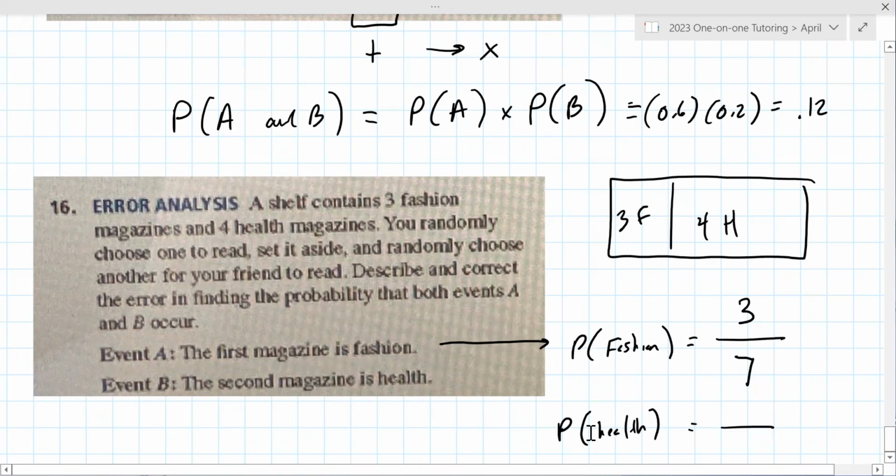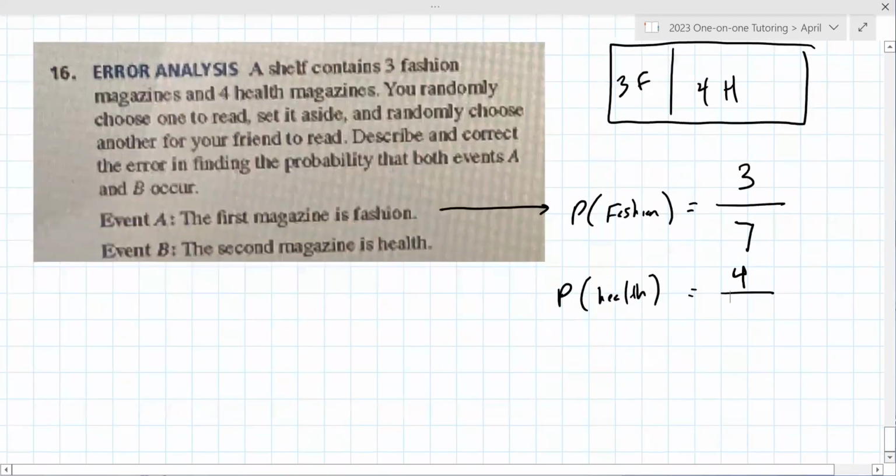The health magazine here, well, there's 4 health magazines, but in terms of the total, you took one off the shelf and you didn't put it back. So how many magazines are there on the shelf? Seven. There were 7, but you took one and threw it in the trash. 6, yeah. So in these sequential events like A to B, you typically almost always go down by 1 on the bottom.